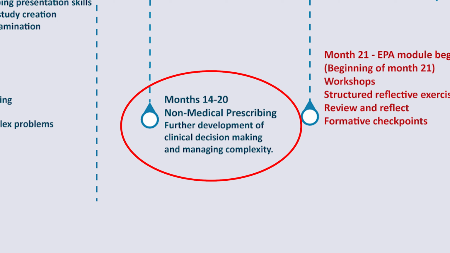However, the vast majority of our apprentices undertake non-medical prescribing as 40 credits of the master's degree, and therefore it contributes 40 credits worth of optional modules, and you can see that this offers further development of clinical decision making and managing of complexity. Any learners who undertake different optional modules on the programme are free to approach myself as course leader so that they can better understand how those modules directly contribute towards preparation for the endpoint assessment.